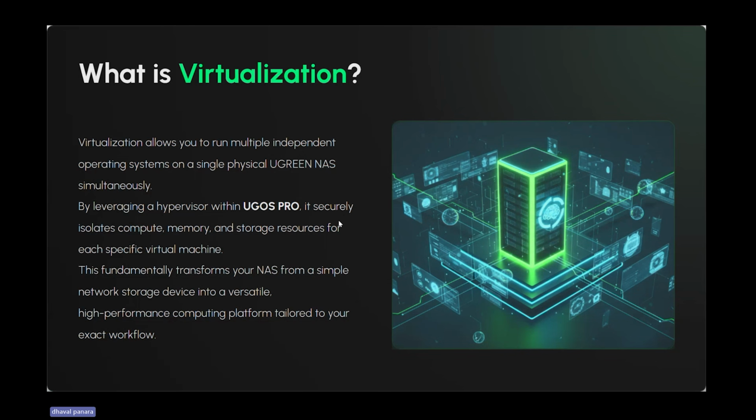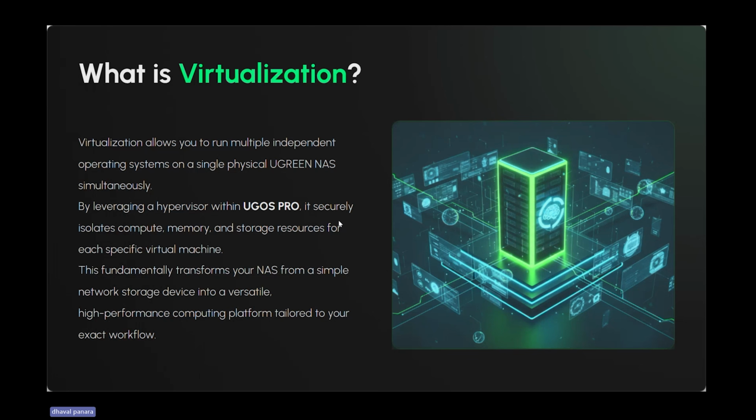All right, so first of all, what is virtualization? Let's start with the basics, right? Virtualization allows you to run multiple operating systems like Windows, Linux, Ubuntu on a single physical device, which in this case is a NAS device. Each virtual machine runs independently with its own resources like CPU, RAM, HDD, applications, and environments.